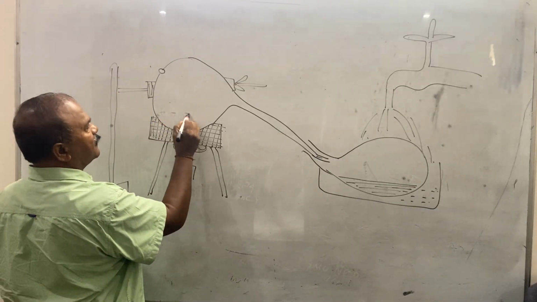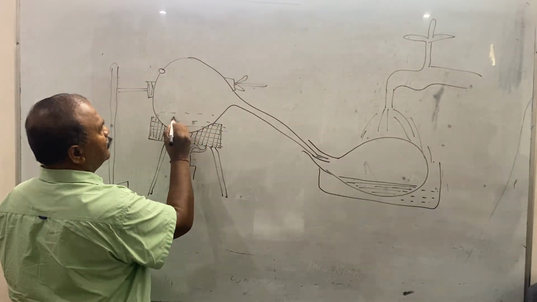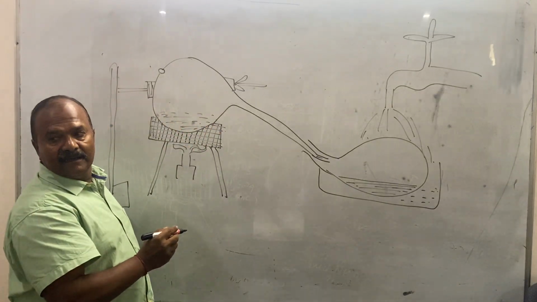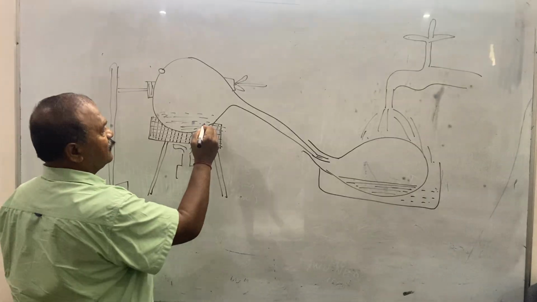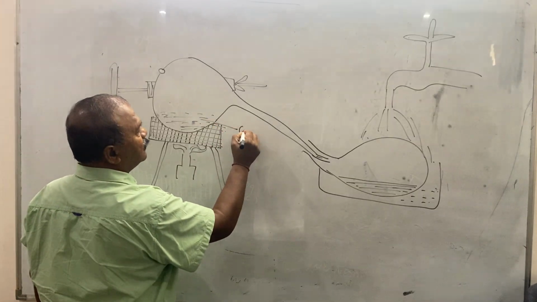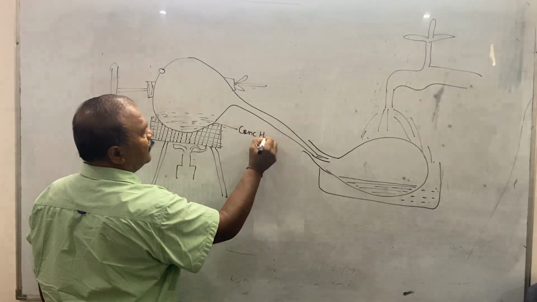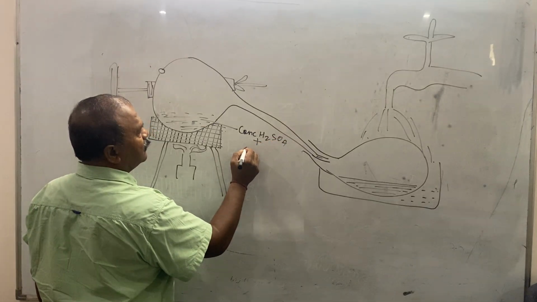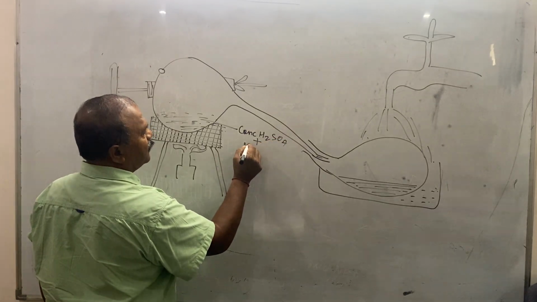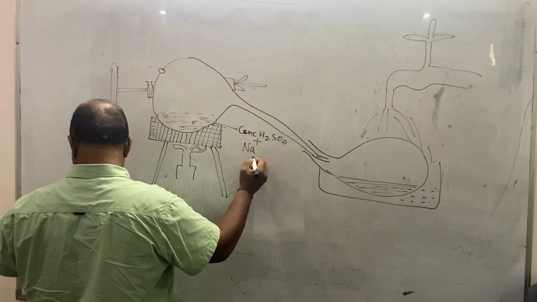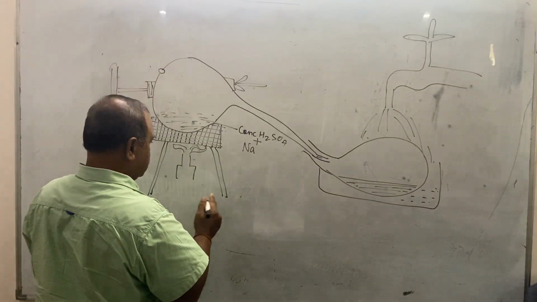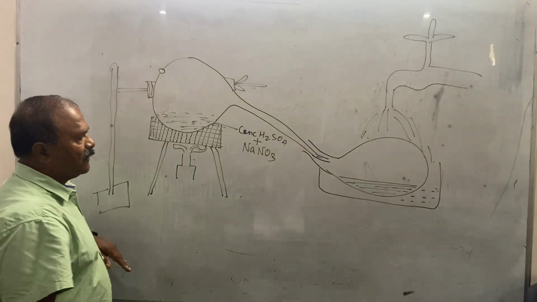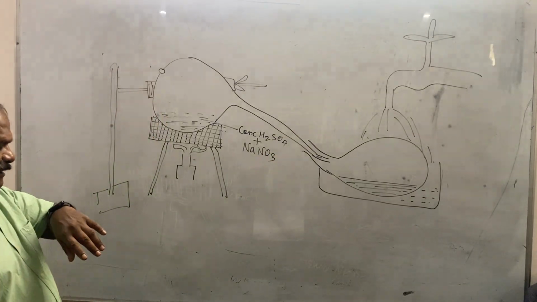And the reactants are in this. What are the reactants inside this? It comes for the labelling. So here you have got concentrated H2SO4 plus NaNO3, sodium nitrate, concentrated H2SO4 plus sodium nitrate.